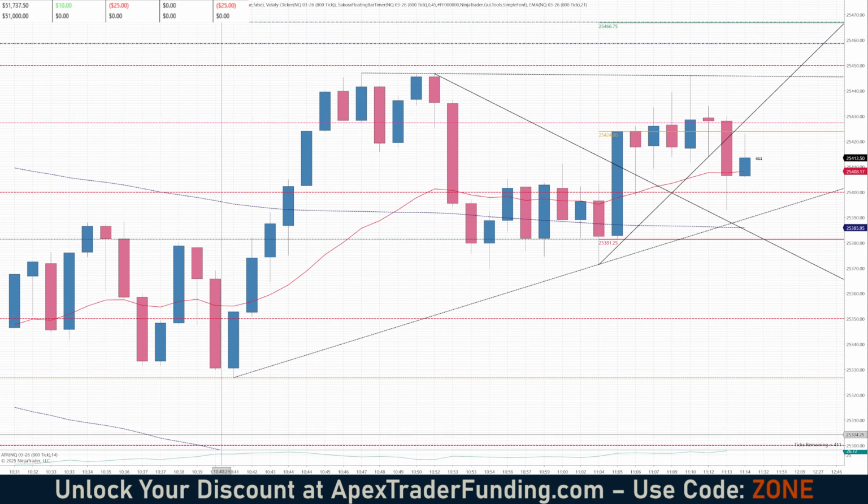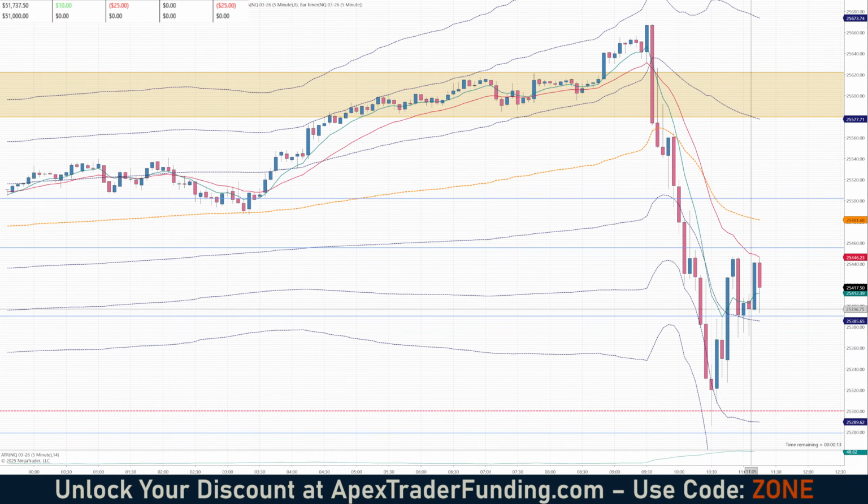Now we're kind of sandwiched in between the two EMAs. Let me show you guys what I'm talking about. On the 8 EMA and the 21 EMA, we're sandwiched in between these two. It's never a good thing to get sandwiched between two EMAs.